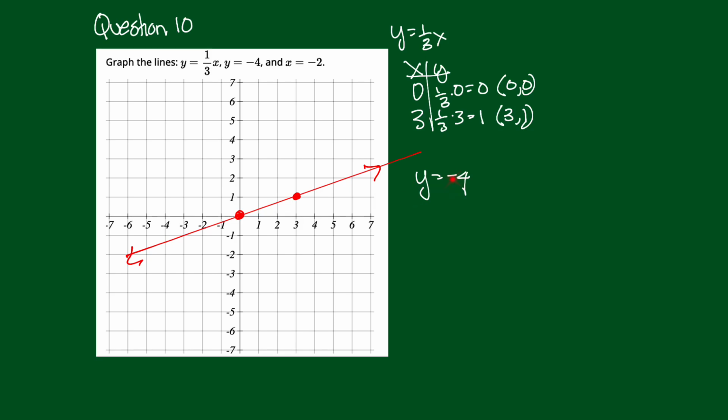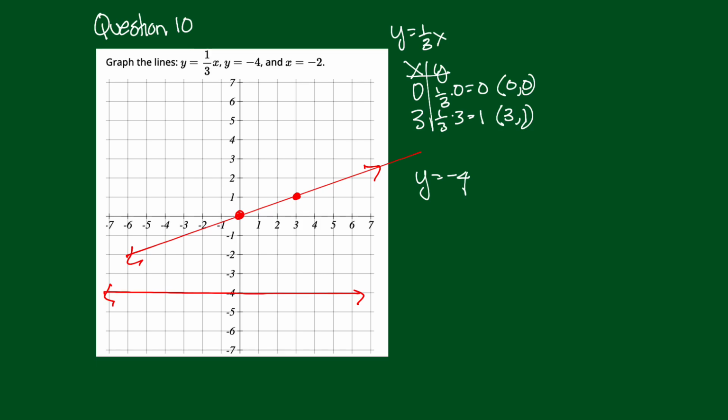No matter where you are on the x-axis, y is down here at negative 4. So what I end up with, if there's only one variable and it's a y, is this horizontal line passing through y equals negative 4. So if you see an equation that has only a y in it, you're going to get a horizontal line passing through that point.